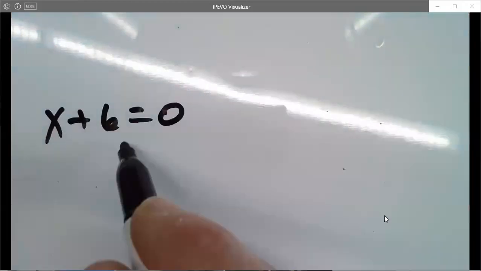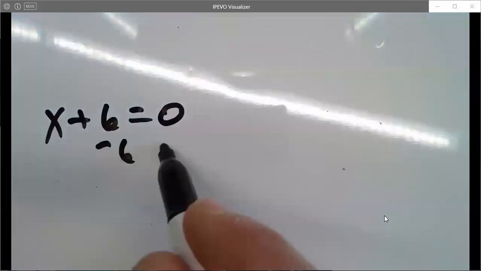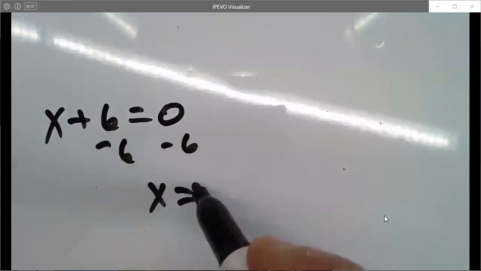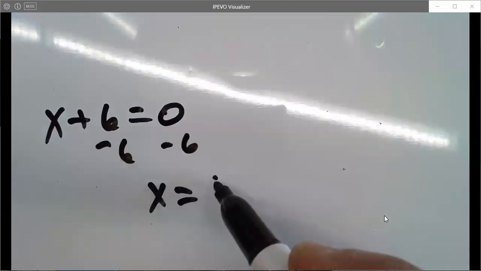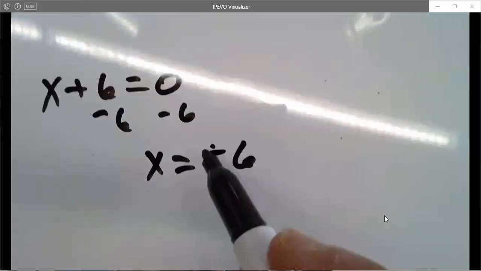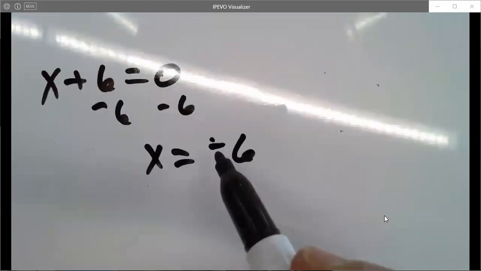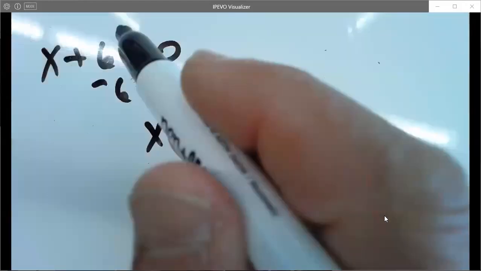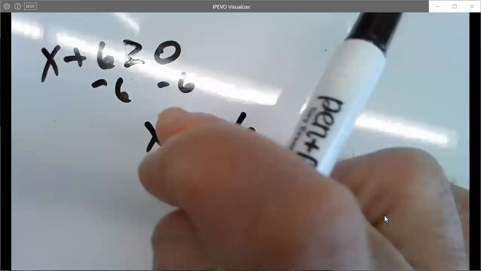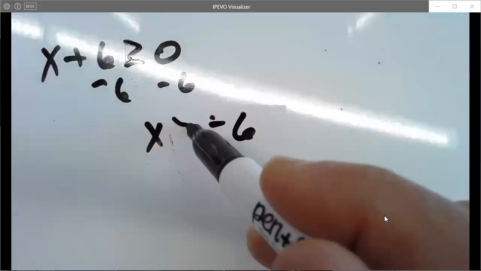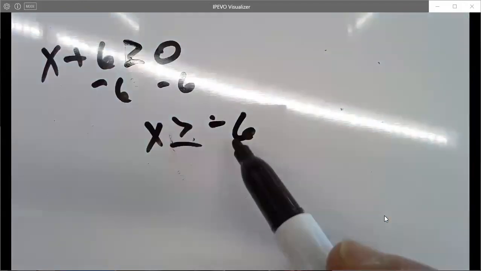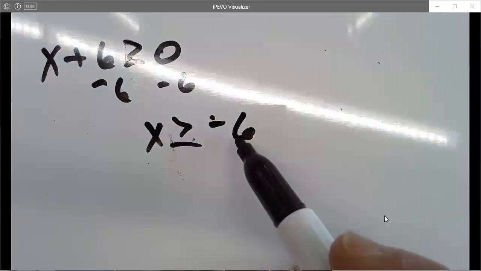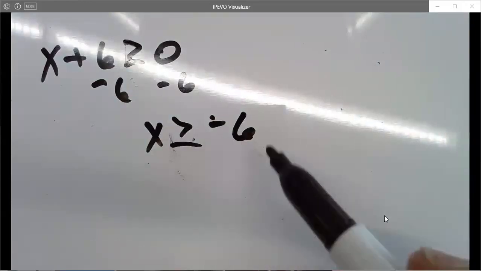And then we solve for x, and so we're saying that x equals negative 6. Well, what that means is that any solution must be x greater than or equal to negative 6.